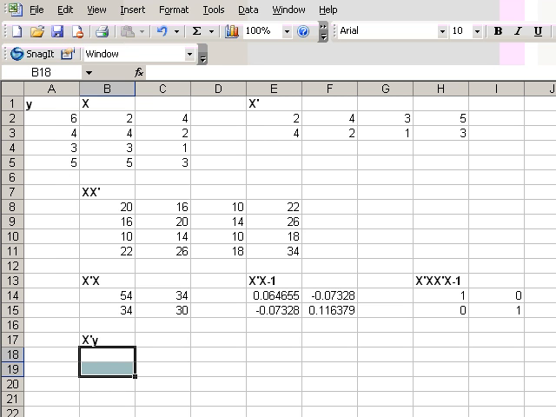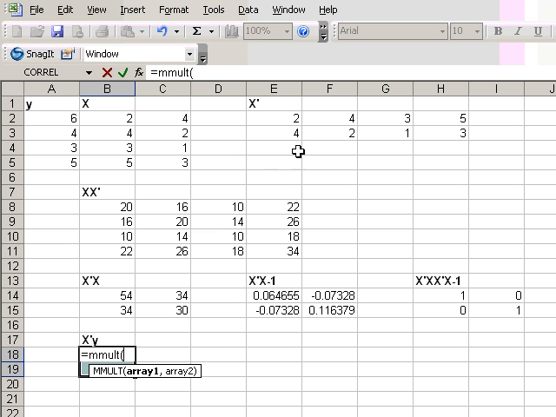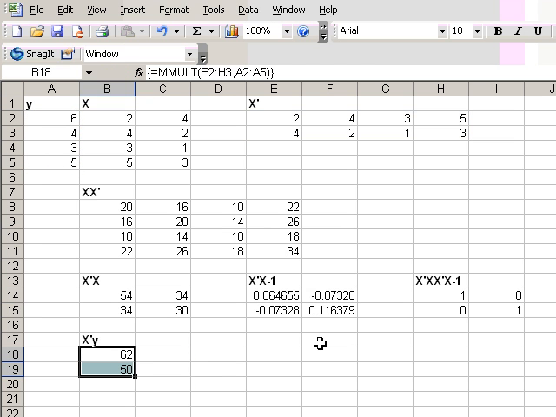So it will just be these two positions. So again, I'm going to use equal m mult. I'm going to select x prime, comma, and then I'm going to select y. Hold down Control Shift and hit enter, and I have now calculated x prime y using matrix multiplication.